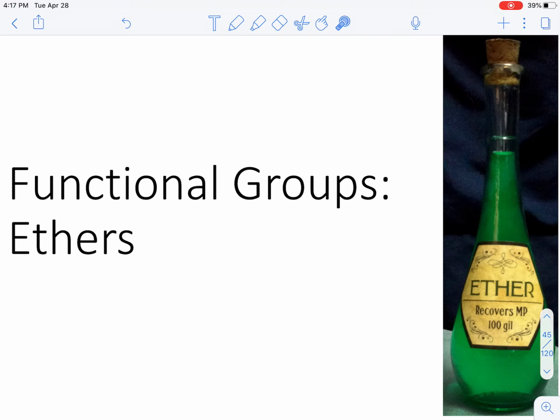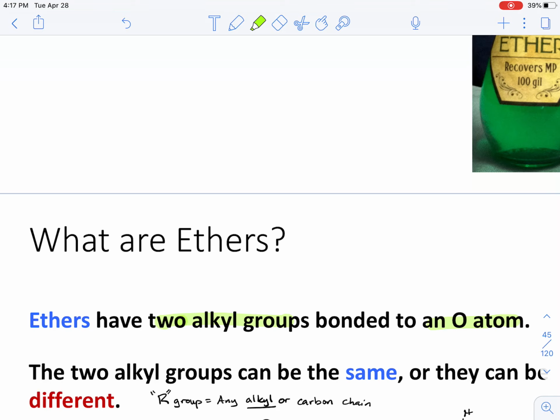They have to be on either side of the oxygen. The identity of the alkyl groups can either be the same or they can be different. So let's look at how we can represent generally what an ether looks like.